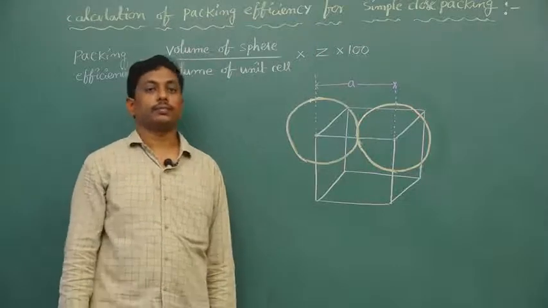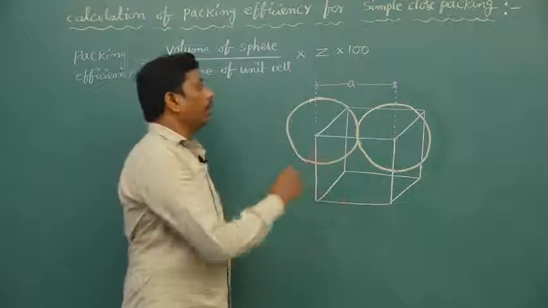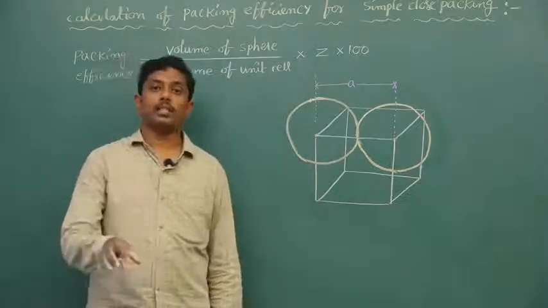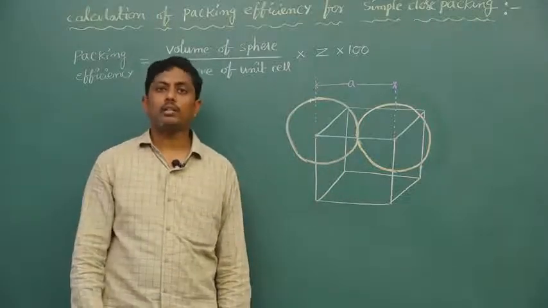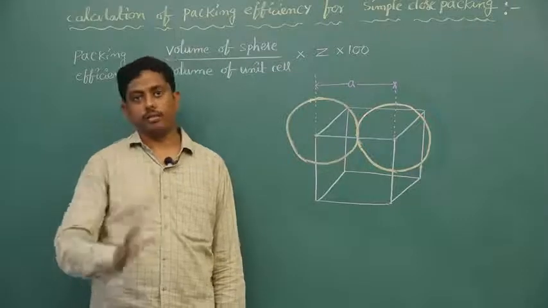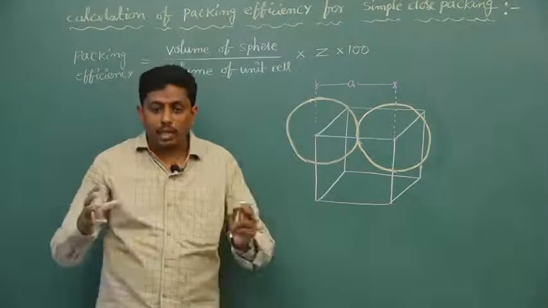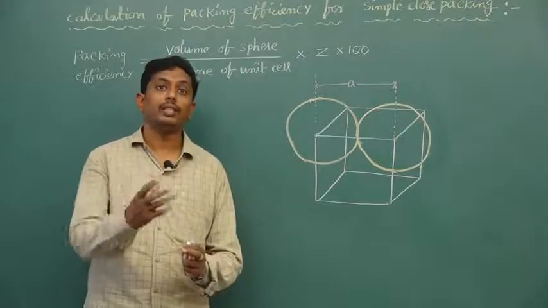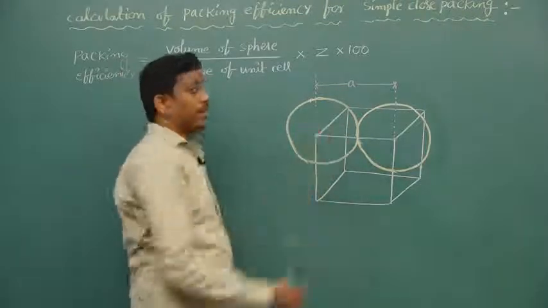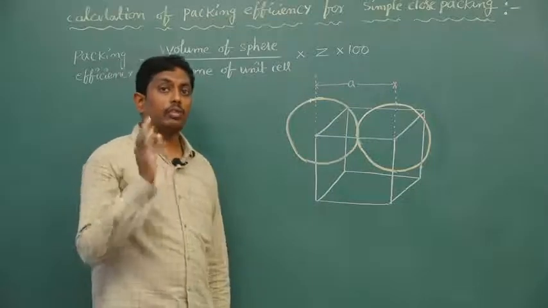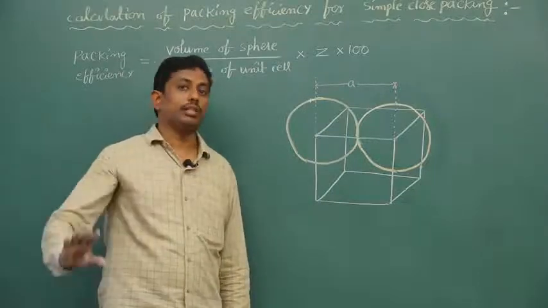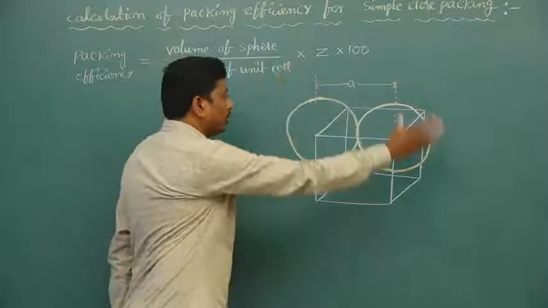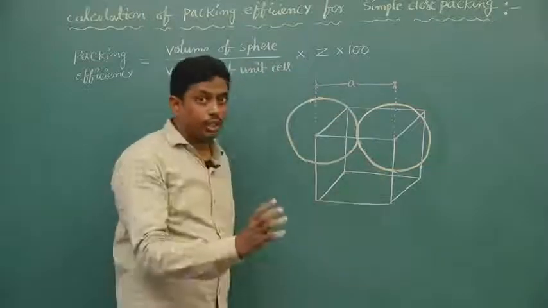Now, listen. In simple, where are particles present? Recall once. Particles are present only at corners and those particles are in contact. Corner particles are in contact with each other. Now, see here, this is the diagram. You need to draw the correct diagram, otherwise the derivation is wrong. So, this is the cube, a simple cube.